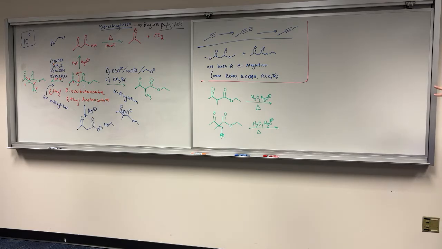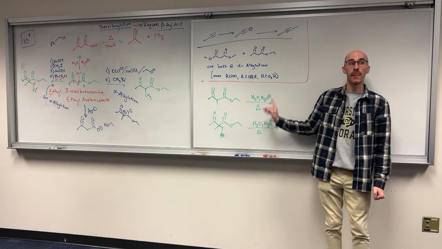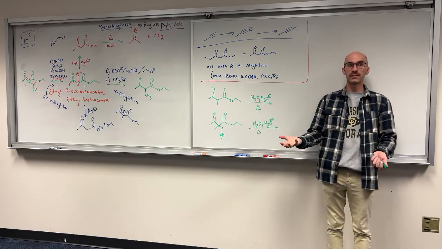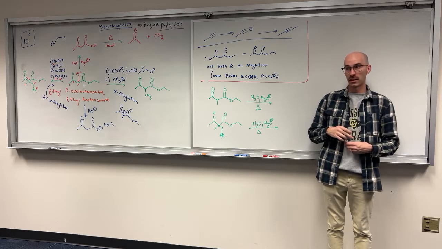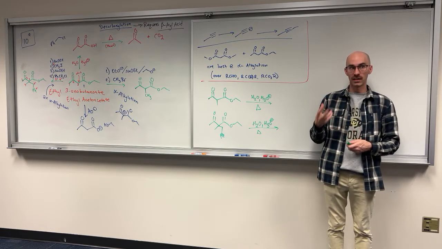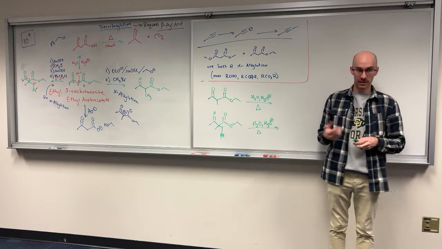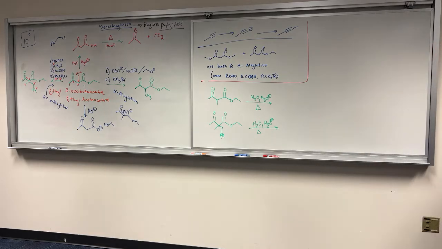Recognize that we're not showing hydrolysis and decarboxylation as two separate steps. We're just writing them at once. We don't have to say one, then two. You can do this simultaneously. And you guys know I'm a stickler for the one and the two, because that tells you logistics about how you run this. Feasibility.